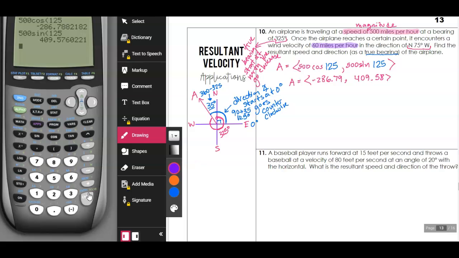So this is a quadrant bearing. This tells us where we start and where we end, and how many degrees we go in between. So we're starting from the north line because that's our first letter. We're going 75 degrees towards the west. That's towards the left. So from north, we're going 75 degrees, which is almost 90, but 15 degrees short.